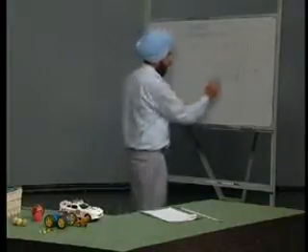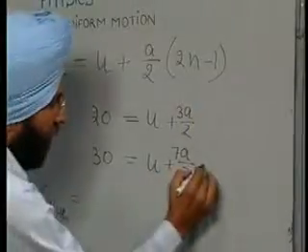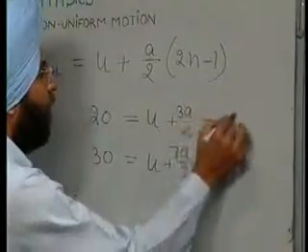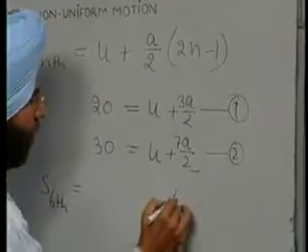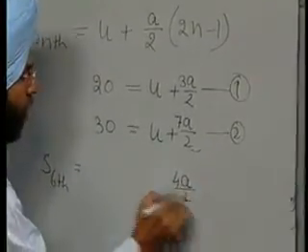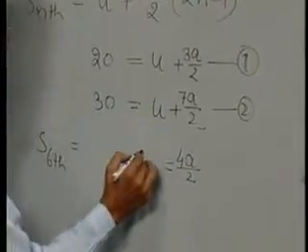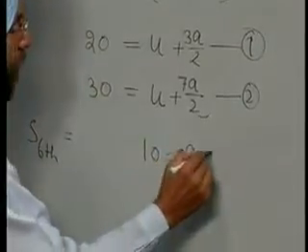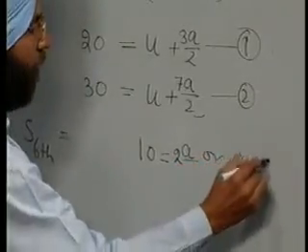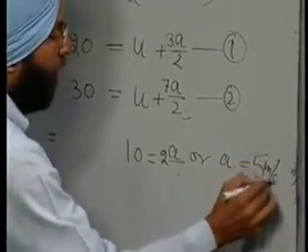If we subtract equation number 1 from equation number 2, we will have 4 a by 2 is equal to 30 minus 20, 10. So, 2 a is equal to 10, or a is equal to 5 meter per second square.